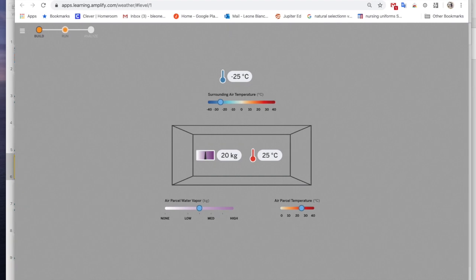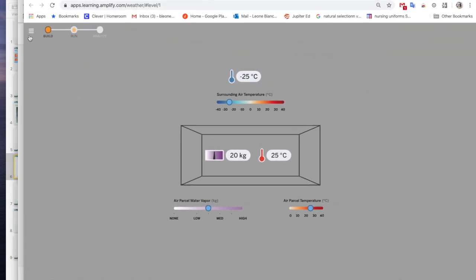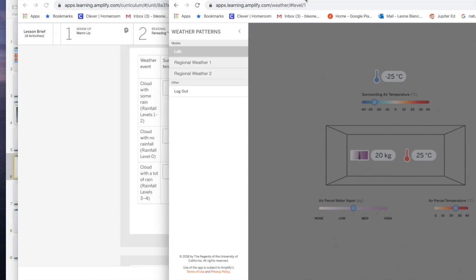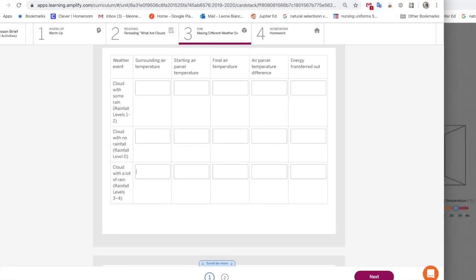So up here I have the simulator, which is in the original form that it comes in when you open it. And I also have the chart that's located on page 26 for you. Please look at page 26 for this.